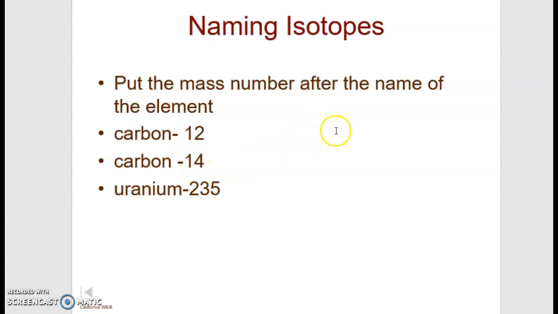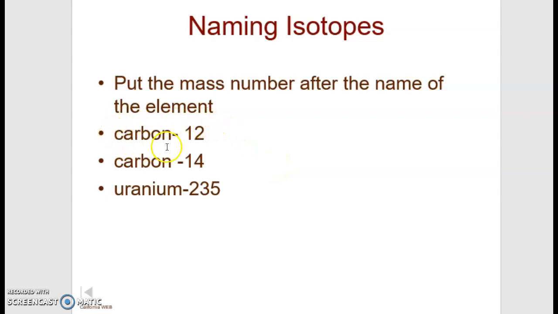Remember, if we do mass minus the atomic number, and the atomic number for carbon is 6, so 12 minus 6 is 6 neutrons, and that's what we see on the periodic table. But for this one, the mass number is 14 minus the atomic number of 6, and that's going to give you 8 neutrons.